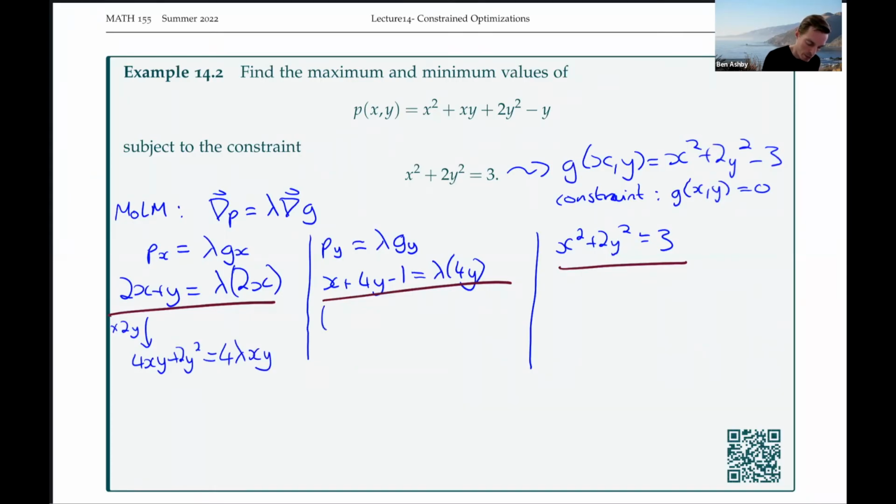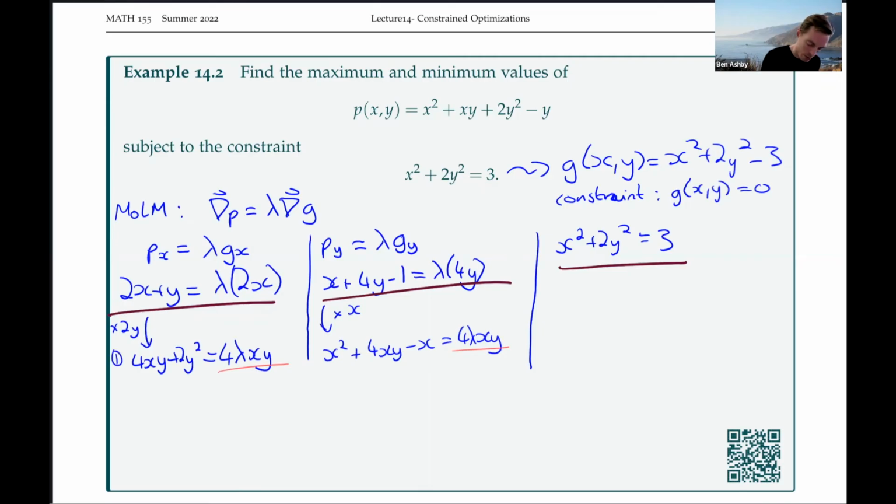And if we multiply this one by x, we're going to get x squared plus 4xy minus x equal to 4 lambda xy. So note here that the right-hand sides of these are the same. That means that we can equate them and do some cancelling.